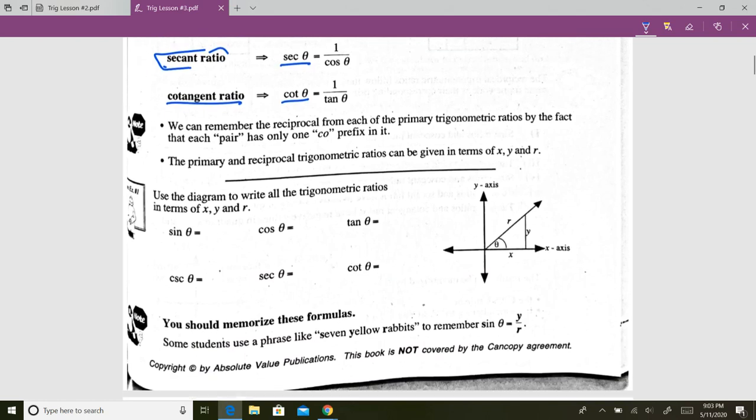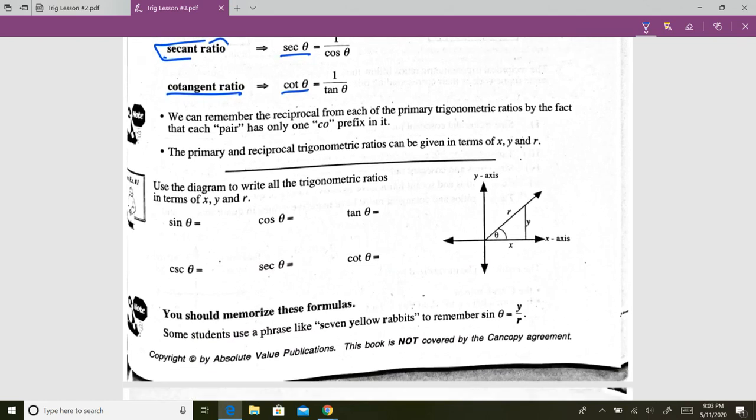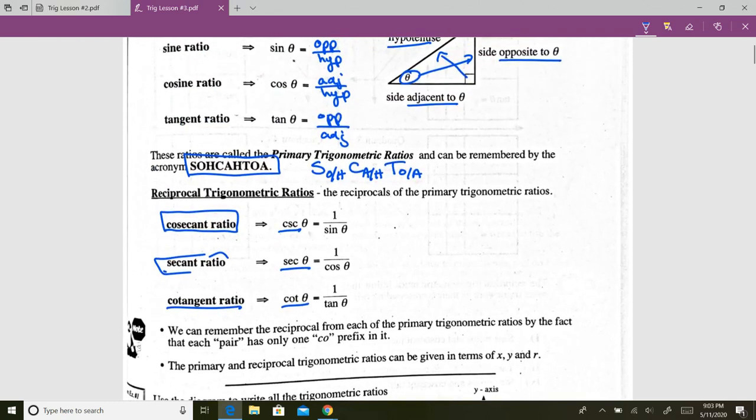All right, so now we should go back here for a sec. If you think about this, sine is opposite over hypotenuse. So 1 over op over hyp is actually just flip the fraction. That's hyp over op.